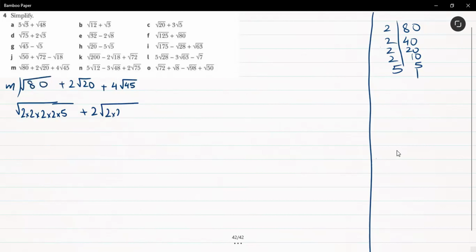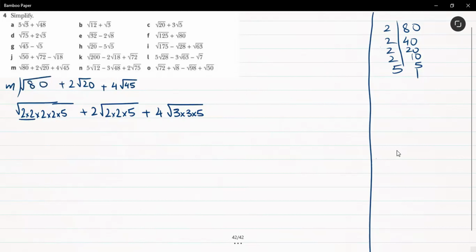It's equal to 2 multiplied by 2 multiplied by 5, because that's what 20 is. So plus 4 under root 45. What's 45 equal to? 9 5s are 45. So it's equal to 3 multiplied by 3 multiplied by 5.